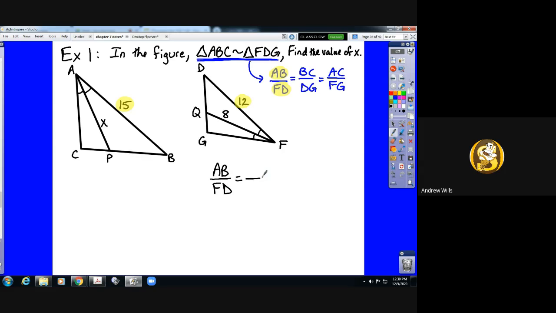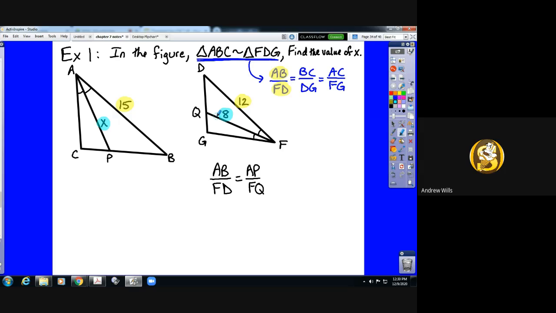And then on the other side, we're going to put the corresponding angle bisectors, AP and FQ, because the angle bisectors of these triangles have the same proportionality as the side lengths.